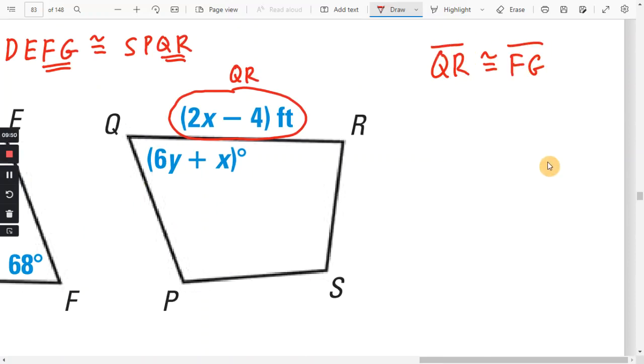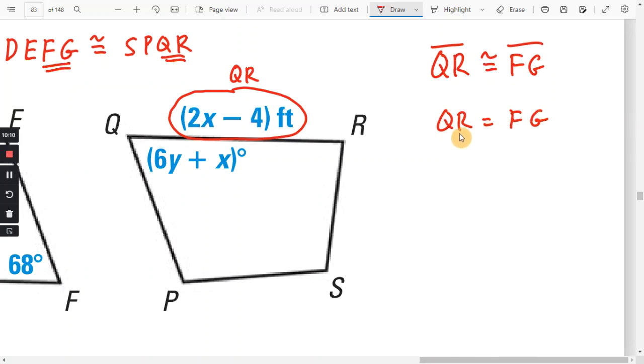This is the way you write it when you're just matching the segments. But if you want to make the lengths the same, we say QR without the bar equals FG. Remember, when you say equals, you're referring to the length without the bar on top.